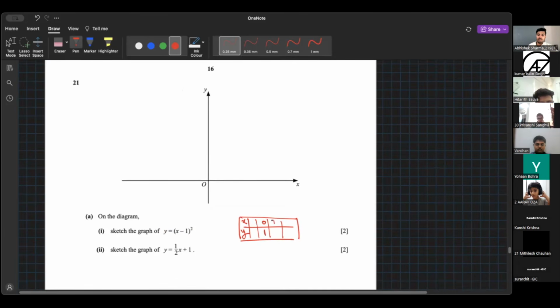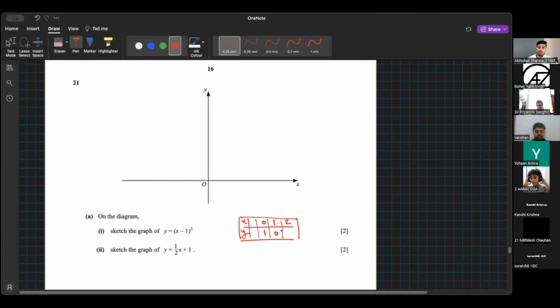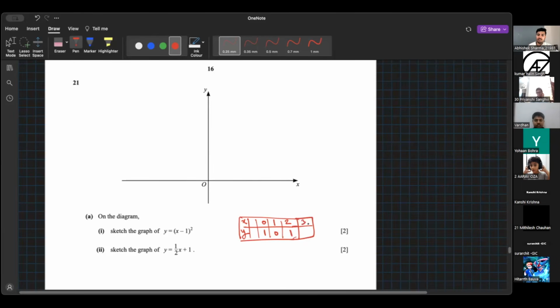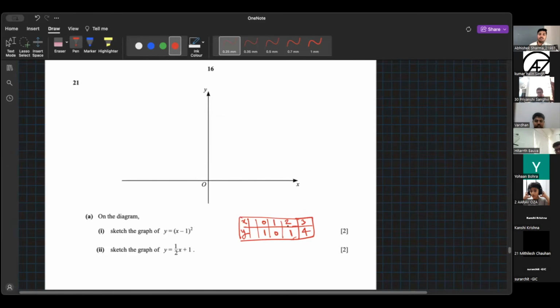When x is 1, y is 0. When x is 2, y is 1. When x is 3, y is 4. When x is negative 1, y is also 4.